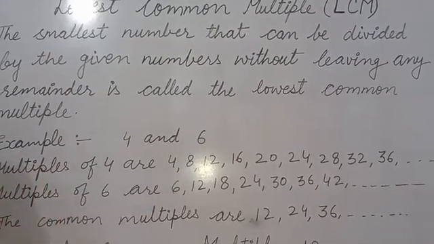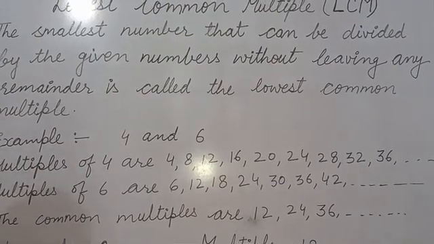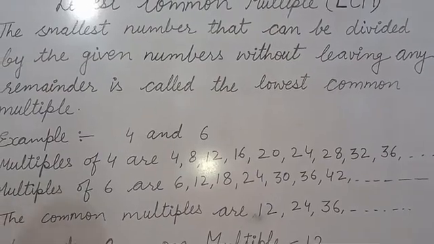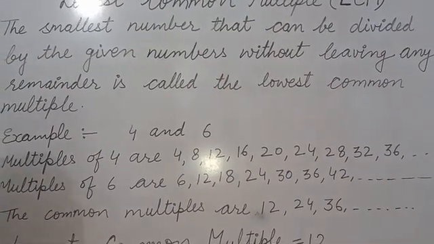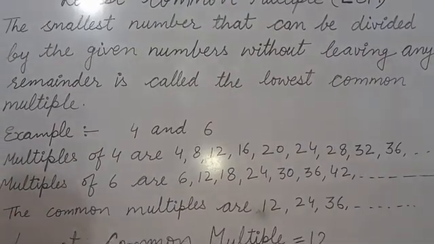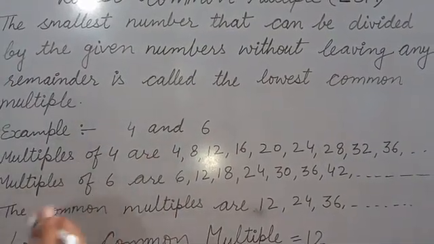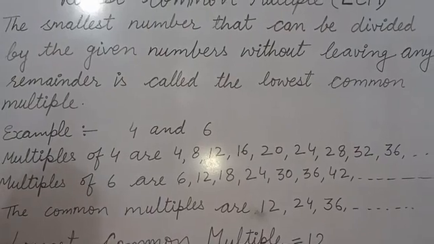Without leaving any remainder, कोई भी हमारे पास remainder नहीं बचना चाहिए, exactly divisible होना चाहिए, is called the lowest common multiple. This is also called least common multiple. Lowest common multiple को हम least common multiple भी बोलते हैं. And in short we call it LCM.